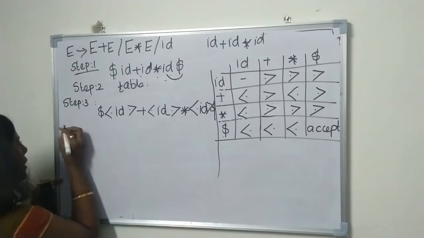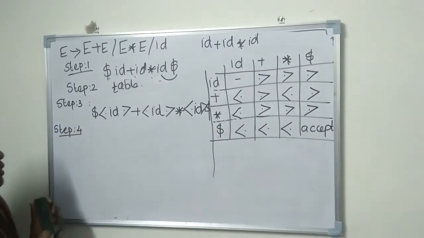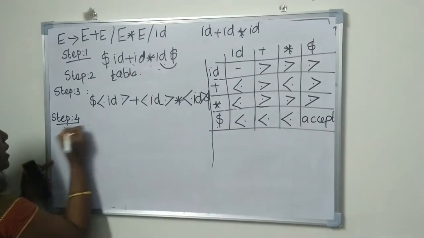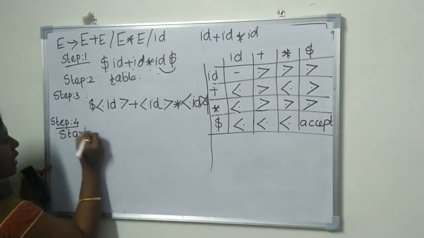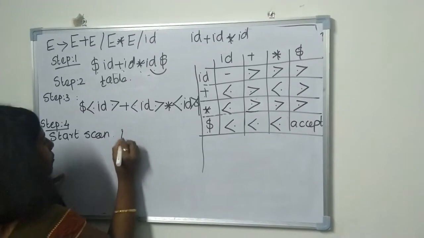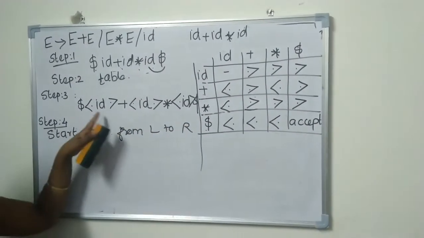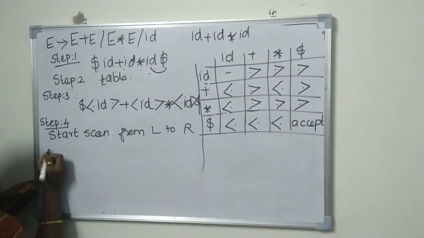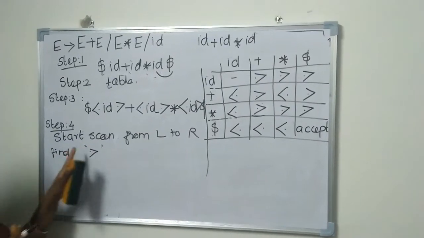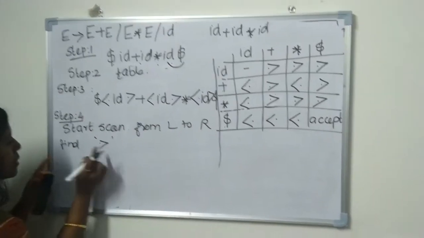After completing this step, now you are going to start scanning from left to right until you find this greater than symbol.